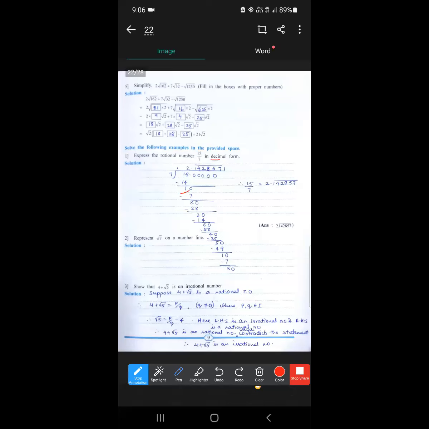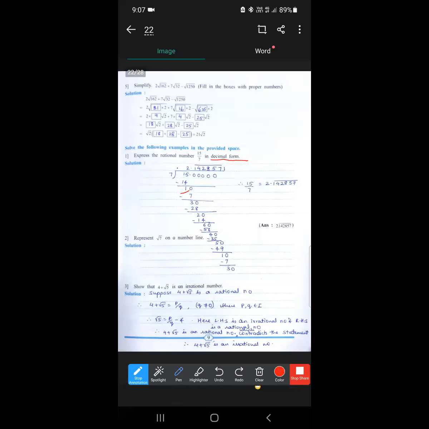And they have told that you should get the answer in decimal form. So decimal form means what? Either you continue the division until you get 0, or until the digits are recurring. Once they start recurring, you need to stop the division.